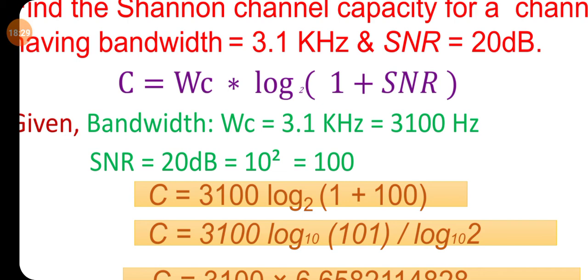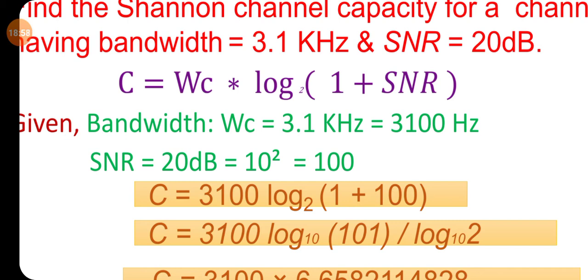Because 1000 Hz means 1 kilohertz. 1 kilohertz equal to 1000 Hz. So that is why 3.1 kilohertz means 3.1 into 1000, so that is equal to 3100 Hz.